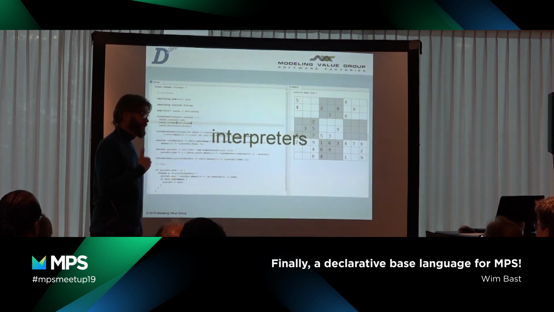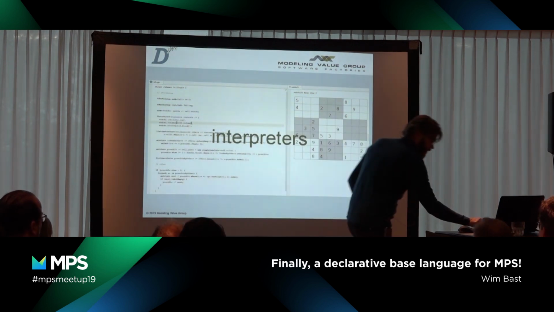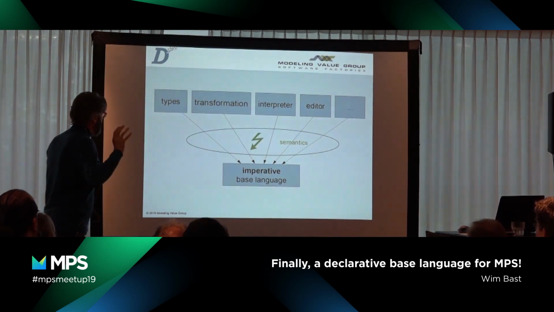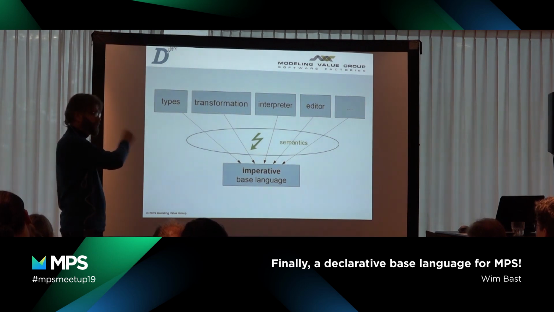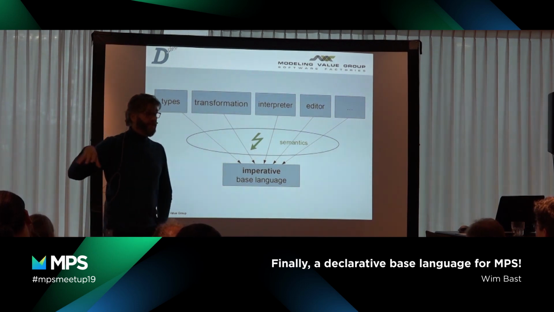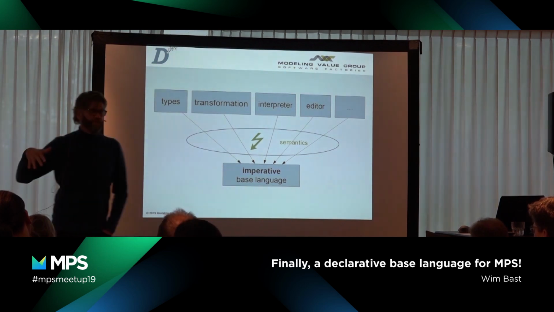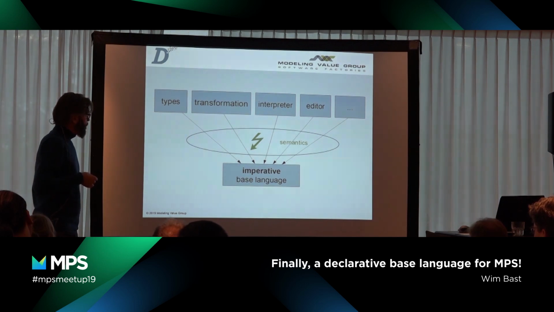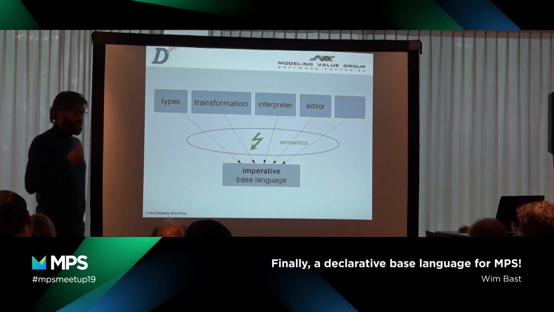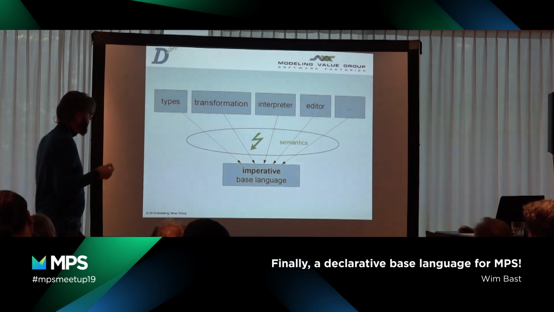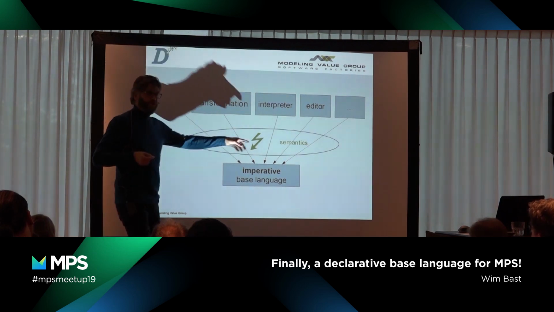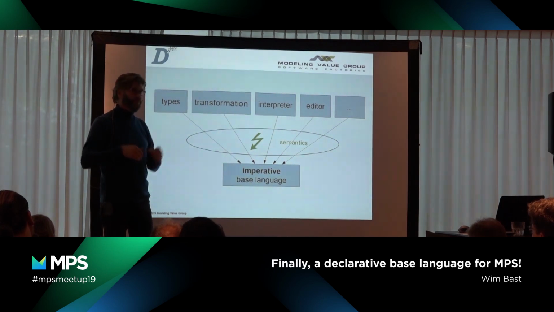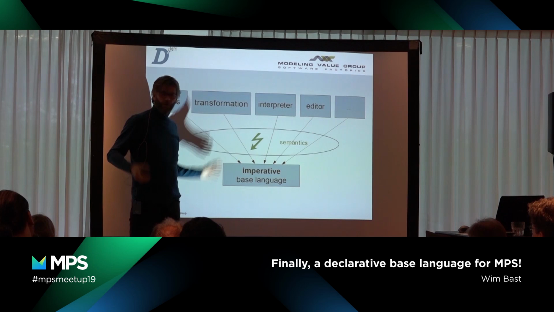Currently we have this problem. If you have the type checker, the transformation, the interpreter, the editors, we have different DSLs in MPS, and not only in MPS, but also in other model-driven stack solutions. Many times, if it becomes complex, then on the semantical level, not so much on the syntactical level, because we can integrate that easily on the syntactical level, it's difficult to reason how they all work together.